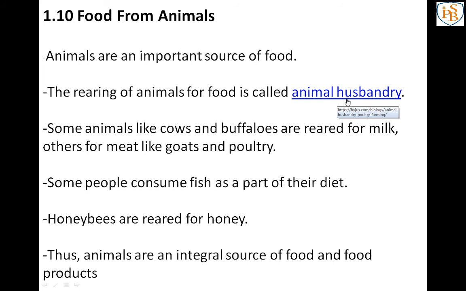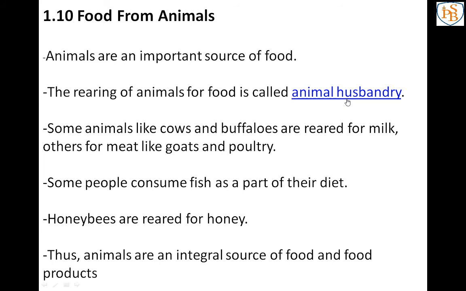For example, we rear cows and buffaloes for milk, goats and hens for meat, honeybees for honey, and fish for food. All these things are known as animal husbandry.